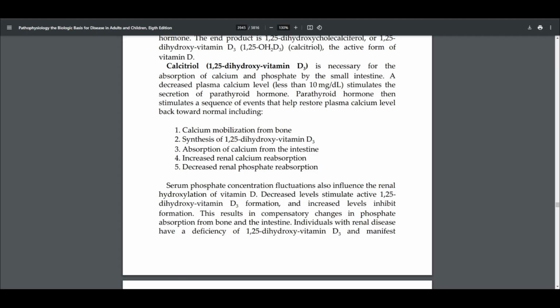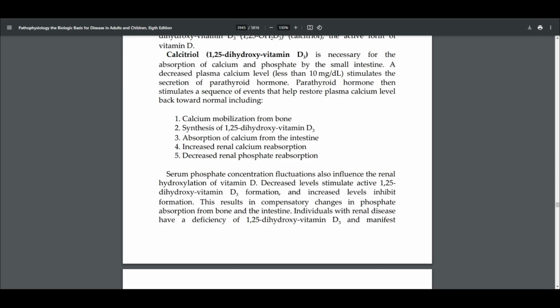Serum phosphate concentrations also influence the renal hydroxylation of vitamin D. Decreased levels stimulate active 1,25-dihydroxyvitamin D formation, and increased levels inhibit formation. This results in compensatory changes in phosphate absorption from bone and the intestine.